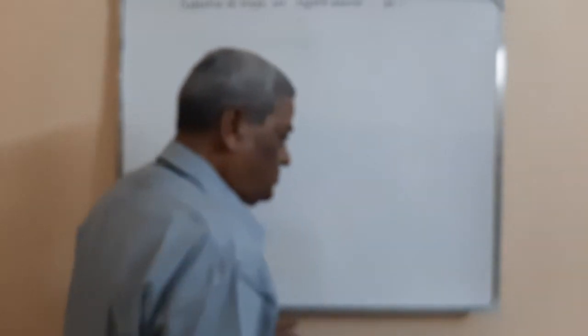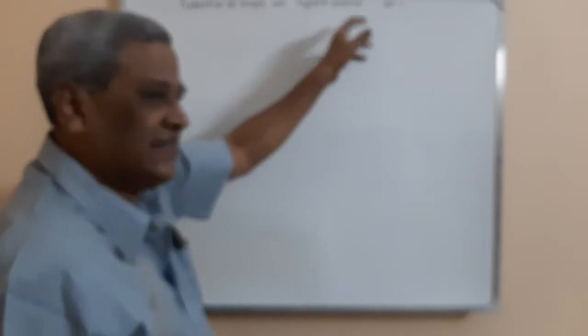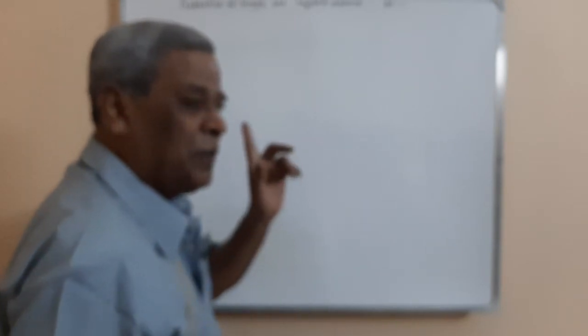Today we discuss the chapter Properties of Triangle and Height and Distance. A very important chapter in trigonometry. Today we discuss its first part.